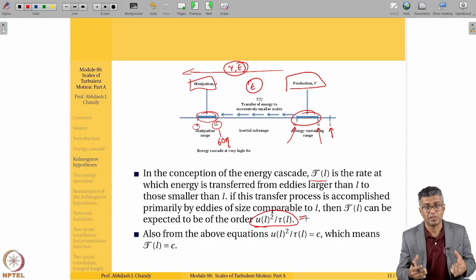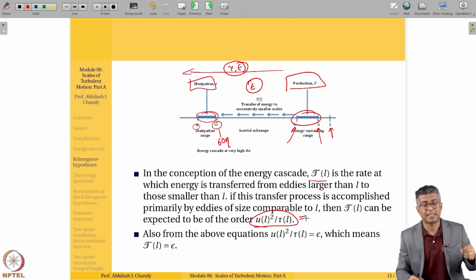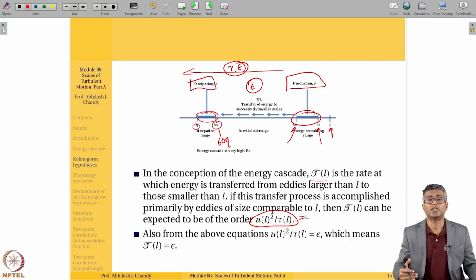Like dissipation. This transfer, you would think it occurs at the same rate at which dissipation happens. We'll get to that in a bit. But this transfer, you would think it is comparable to kinetic energy over time.